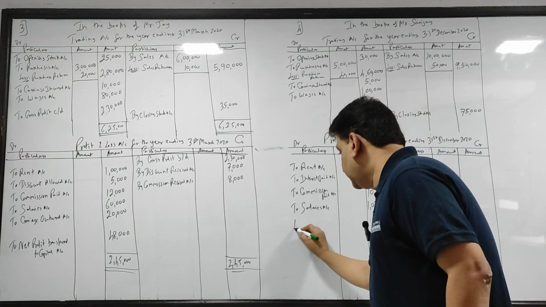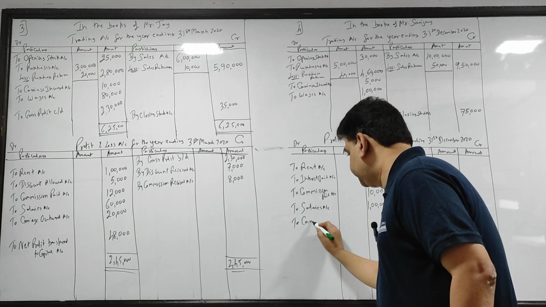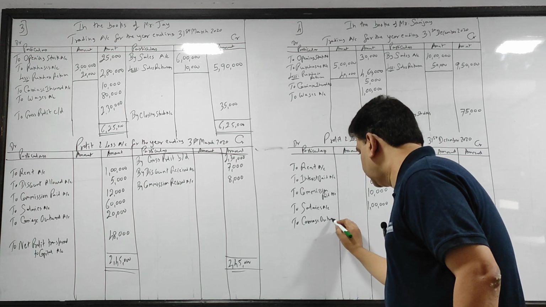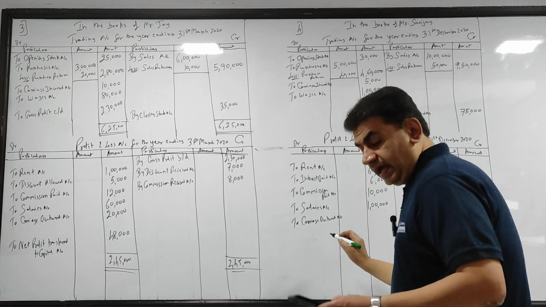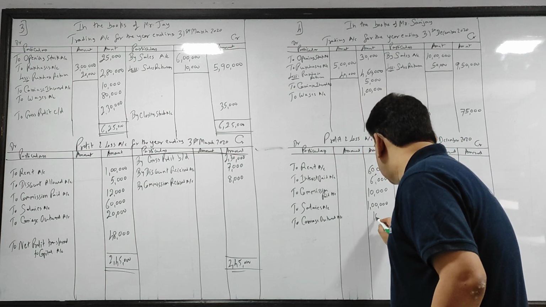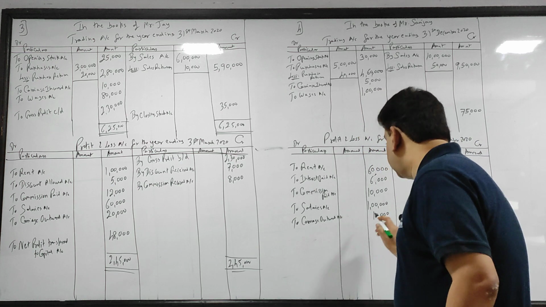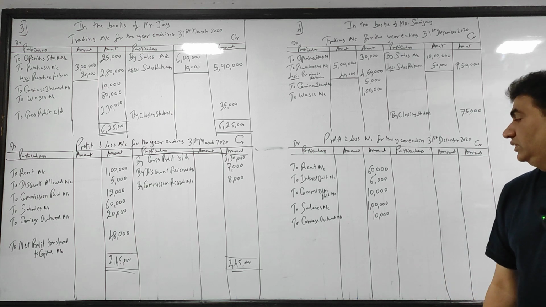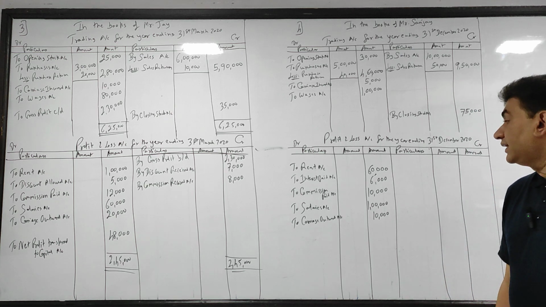So it comes to the debit side of P&L. To carriage outward account, that is 10,000.